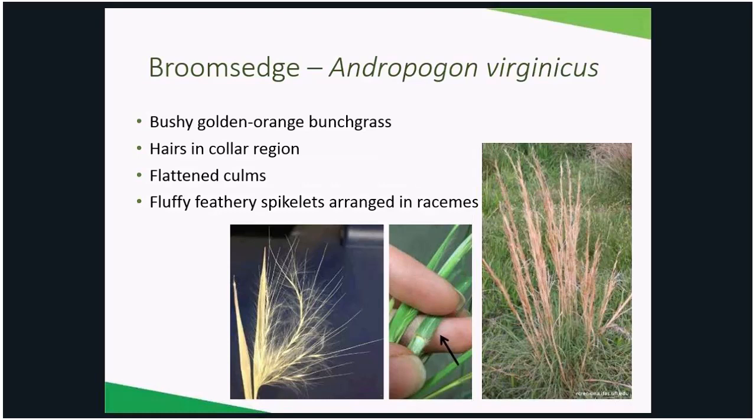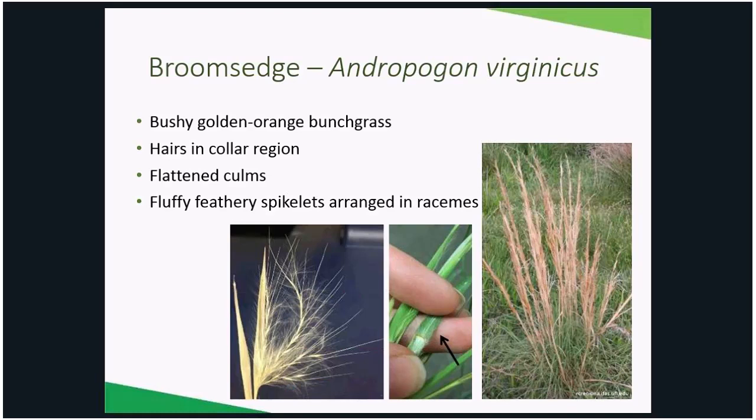But this one is much leafier than little bluestem. So it's a much more robust, denser bunch grass. It will turn golden orange in the fall. And another thing that you can see here is that its spikelets are also very fluffy, but you can see how long and large they are in comparison to our last spikelets, which were very small and delicate and more white in color, whereas in broom sedge they are creamier in color.